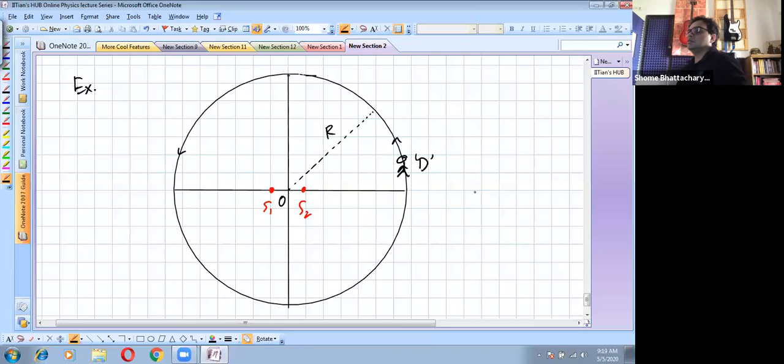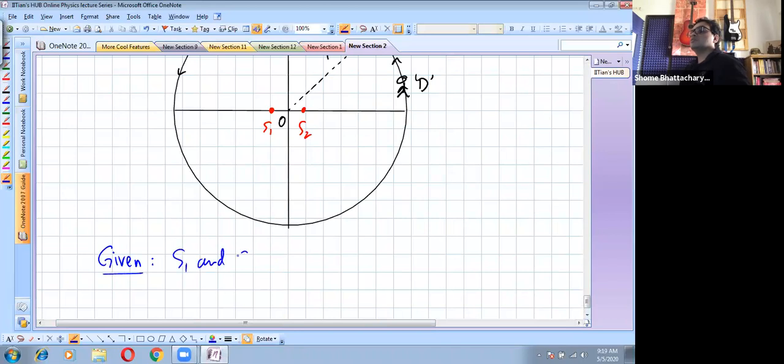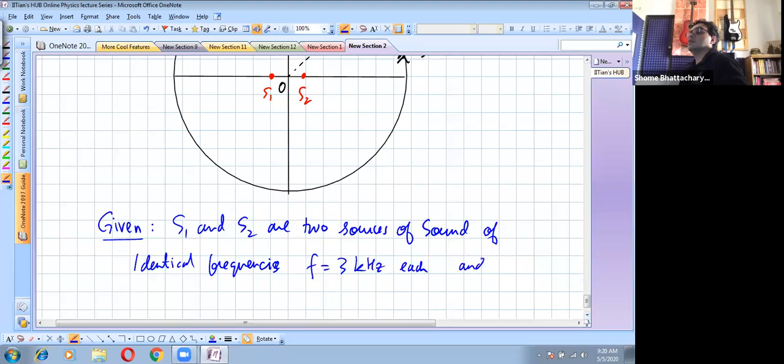This kind of problem. Now, what is given to us in the problem? That S1 and S2 are two sources of sound of identical frequencies, so f is equal to 3 kilohertz, and identical power, 20 watts.